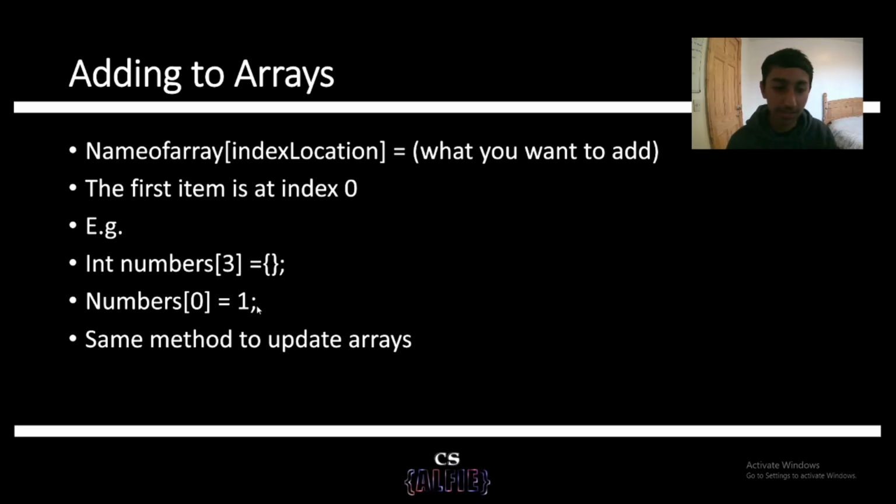And this is the same method that we use if we want to update the arrays. So if there's already a value at index 0, we can use the same method, numbers followed by 0 in square brackets, to update the value.